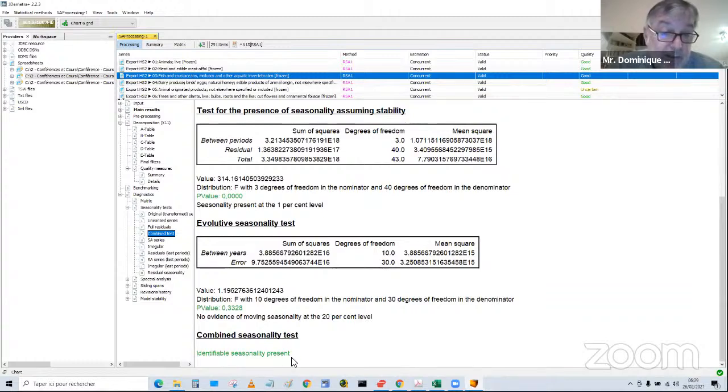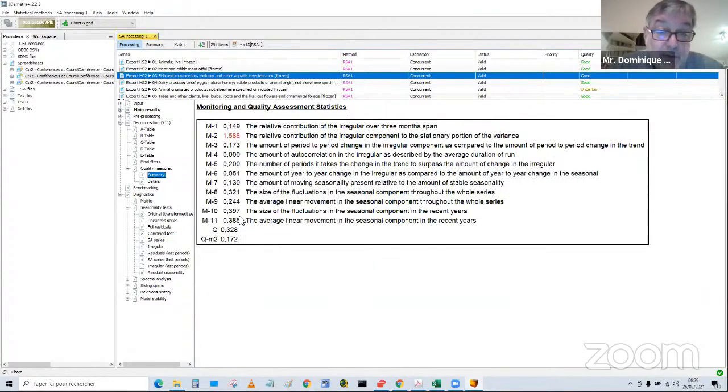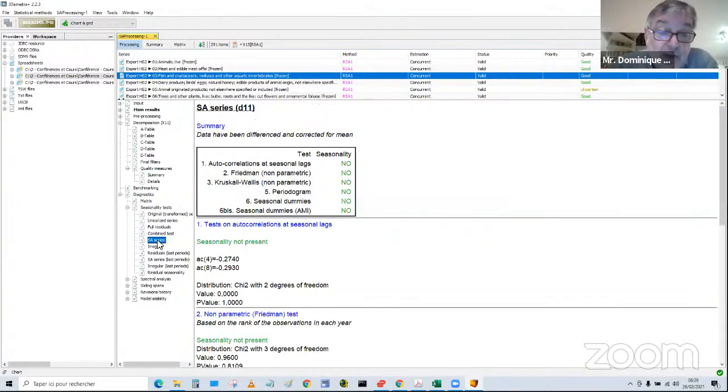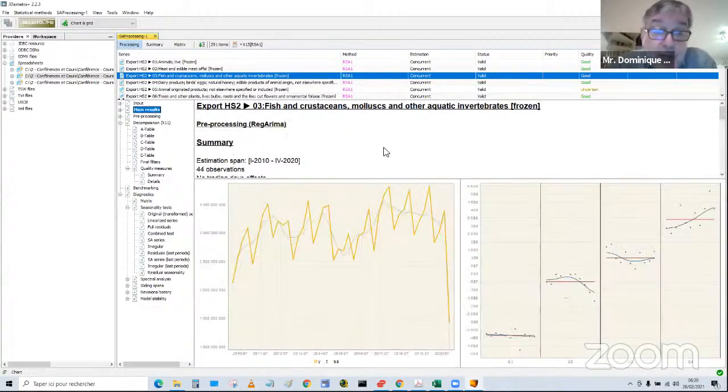Identifiable seasonality present. Let me have a look at the summary. No problem except a very small one. The Q statistics are very good and all the statistics appear good. So no problem here. Do I have a residual seasonal component? No. So my feeling is, why should I bother with this series? It looks okay.